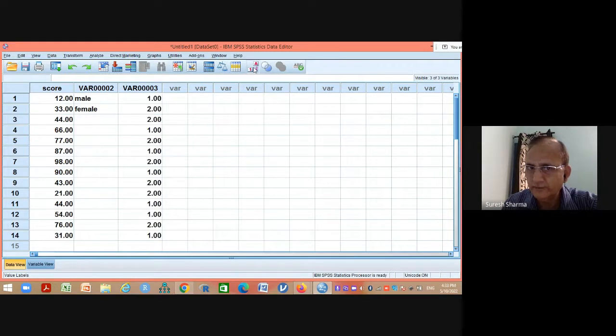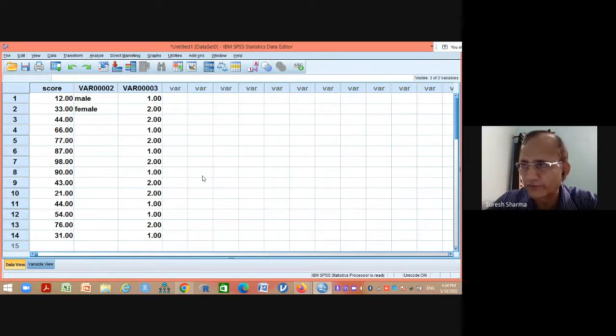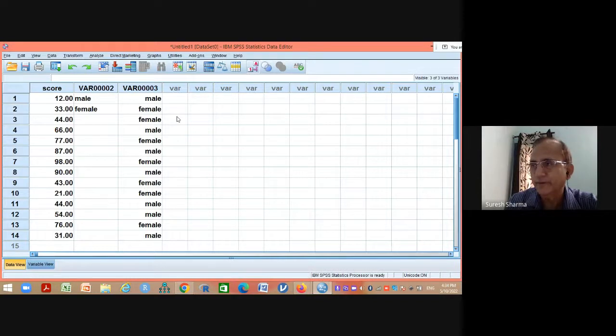Whenever you want to make a table, if you do not assign labels, then your table will show how many times 1 is appearing, how many times 2 is appearing, and you may forget what was 1, what was 2. But if you assign the proper labeling, it will give you a table of how many males and how many females there are. So readability will improve.